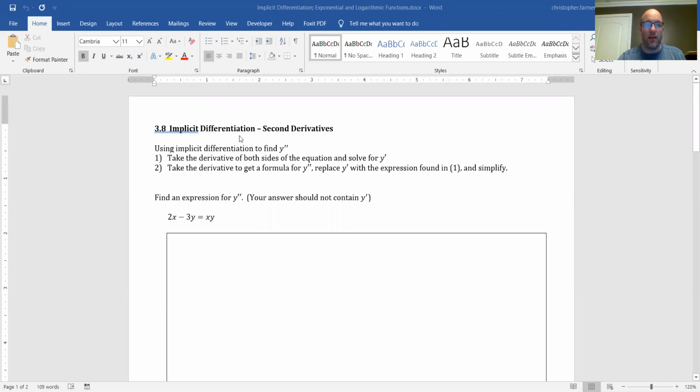So last time we talked about how implicit differentiation is nothing really more than remembering that y itself is a function and that we need to take the derivative of both sides of the equation. Well, for finding the second derivative, we're going to have to do that twice.